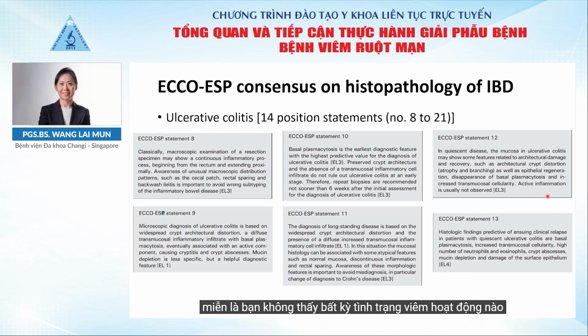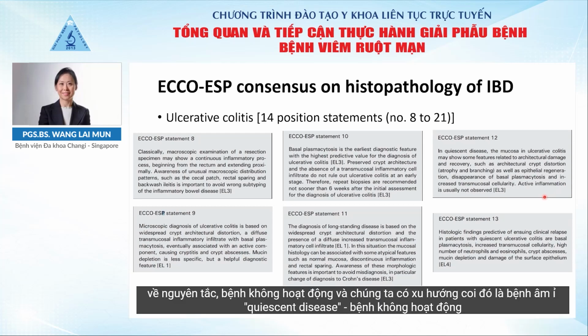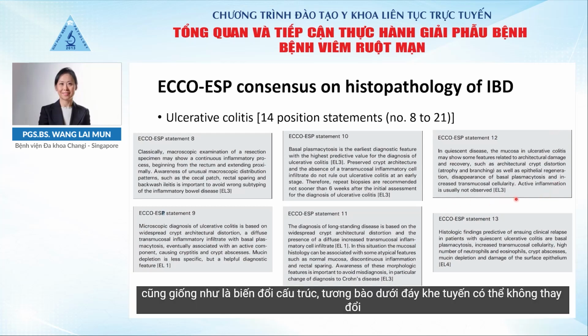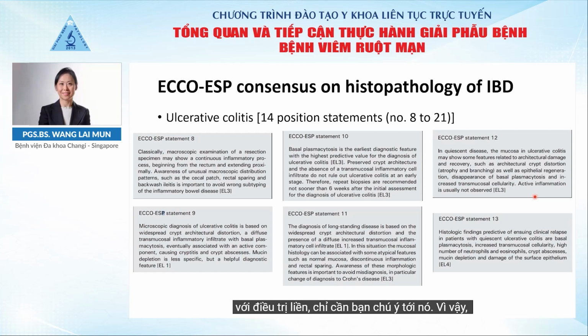As long as you don't see any active inflammation, the patient technically is inactive, and we tend to use that as quiescent disease. So clues that the person has underlying IBD are still the same, like crypt architectural change and basal plasmacytosis, which may not improve with immediate treatment. Just so that you're aware of it.